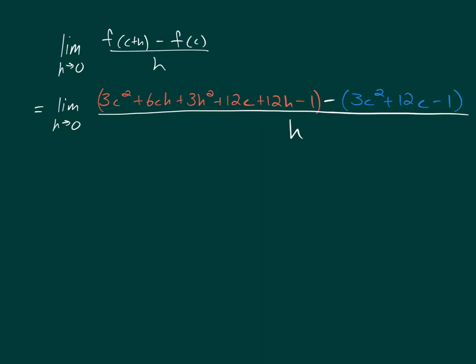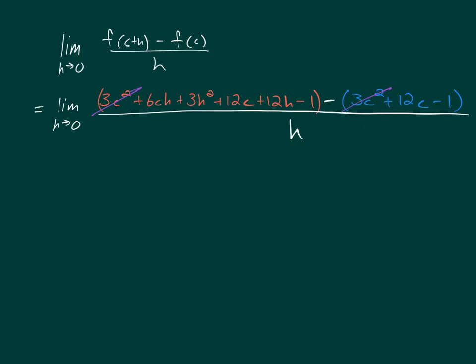Now some really nice things happen here. Let me get a different color. You'll notice that because of this subtraction right here, terms will start to reduce away in the numerator. If you look, you're subtracting a 3c squared, but in the front here you have a 3c squared. So 3c squared minus 3c squared reduces away.